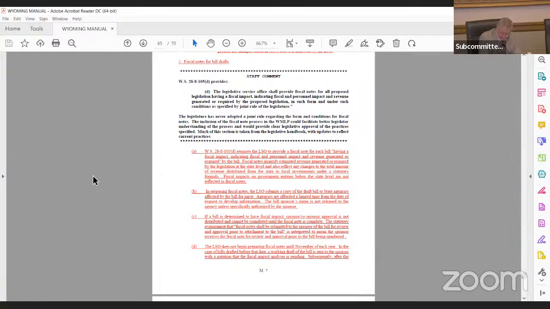It used to be that fiscal notes would only note the effect on state government. The legislature changed that, probably 10 years, maybe longer ago, to also say if you change distribution formulas or money flowing to the locals, that the fiscal note will also reflect that. Fiscal notes don't go beyond that, Mr. Chairman, as far as effects on local governments.